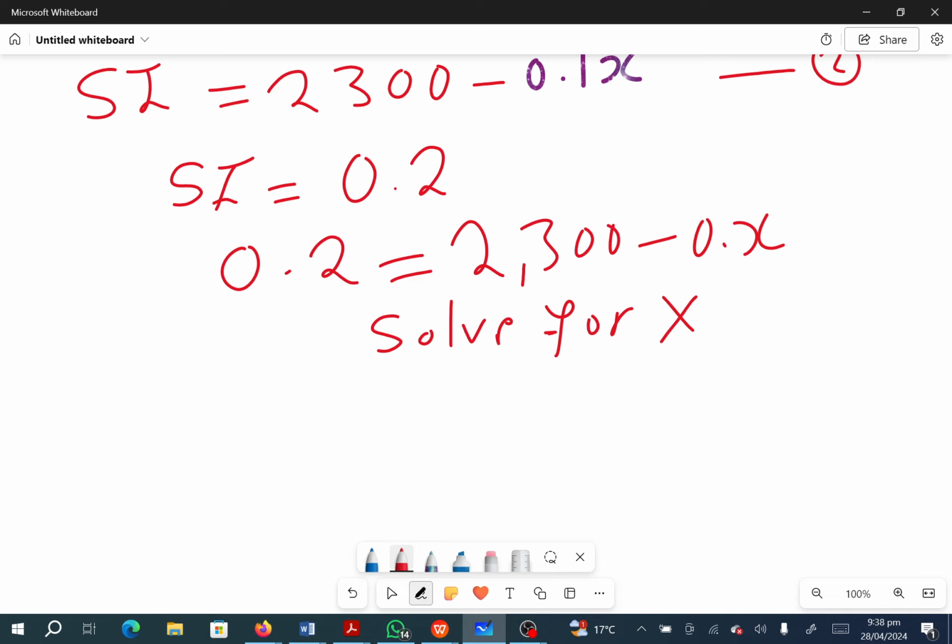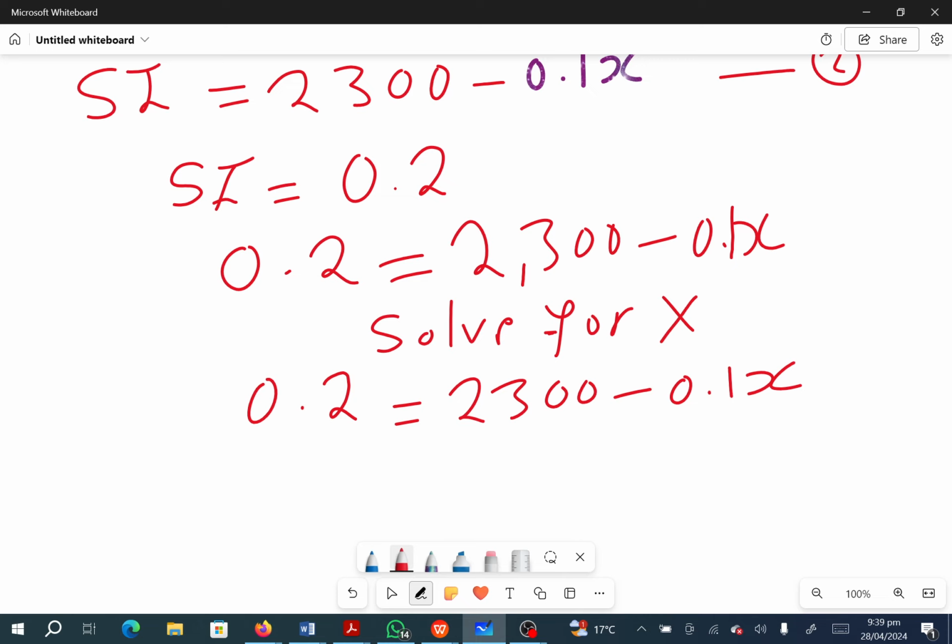So I don't know if you are clear up to here. Now we'll rearrange the equation we have on top. So we'll say 0.2x is equal to 2,300 minus 0.1x.